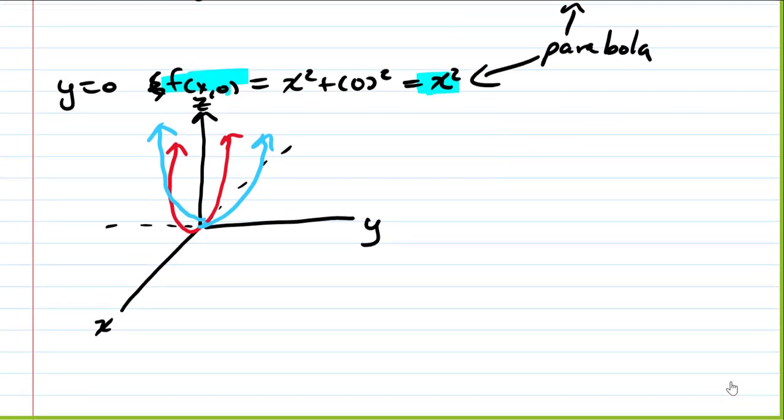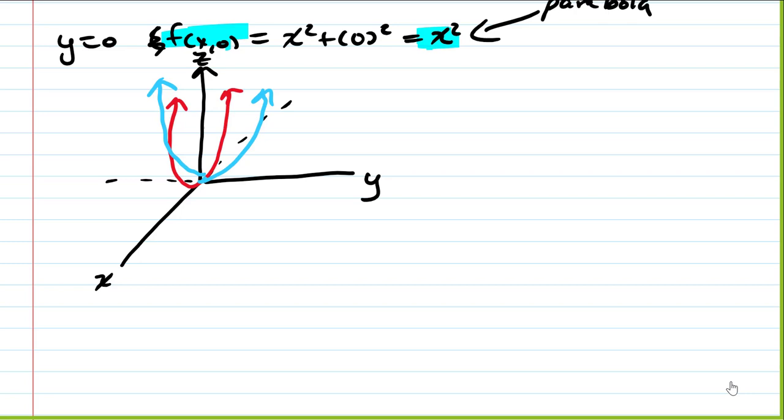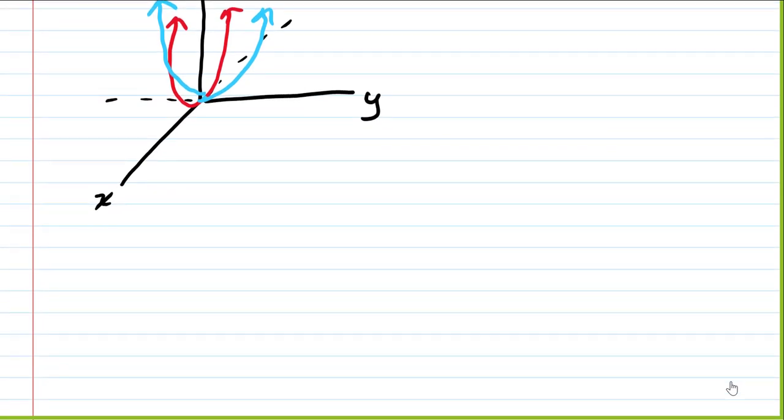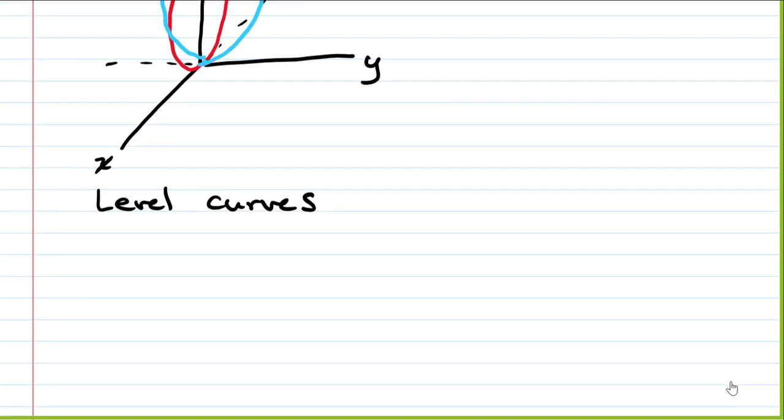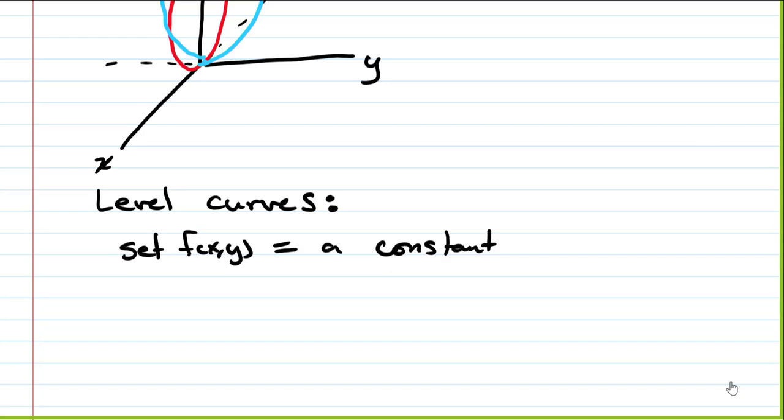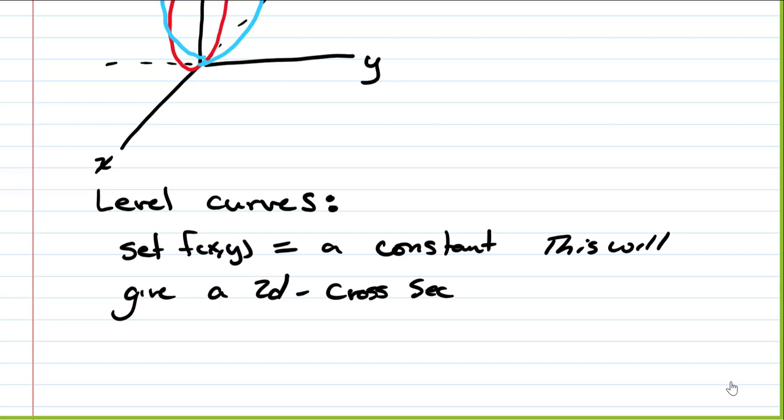Another method for analyzing multidimensional functions is to think about what are called level curves. So the idea of a level curve is we set f of xy equal to a constant. This will give us a 2D cross-section of the graph.